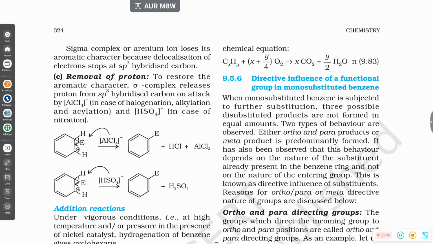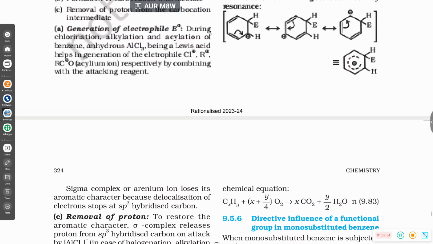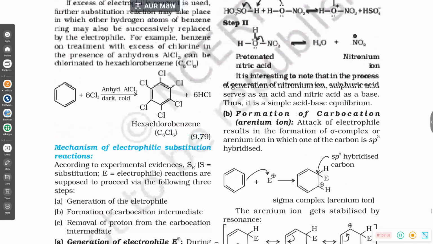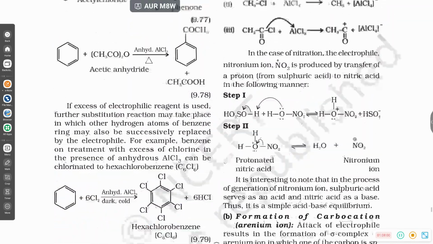But sulfonation is very different. In sulfonation, generation of the electrophile is not given.